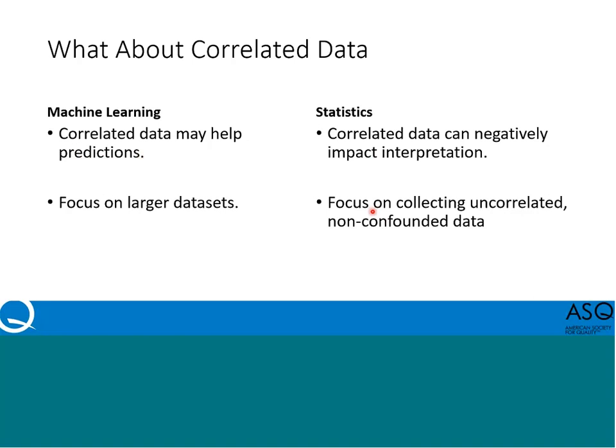So in statistics, we often focus on collecting uncorrelated, non-confounding data. And machine learning, there's probably less of a concern about correlated data, but a focus on getting more data. So statistics, cleaner data; machine learning, more data.